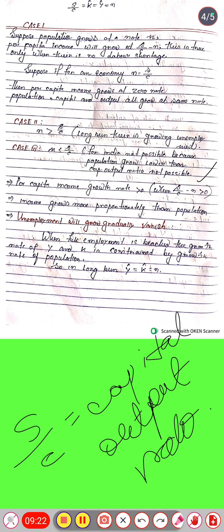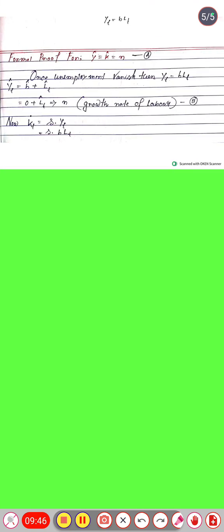So when full employment is reached, the growth rate of output and capital is constrained by the growth rate of population. So in the long run, output, capital, and population will grow at the same rate.